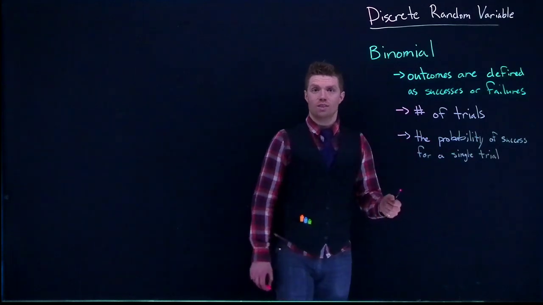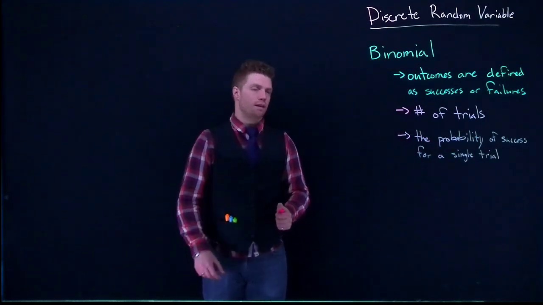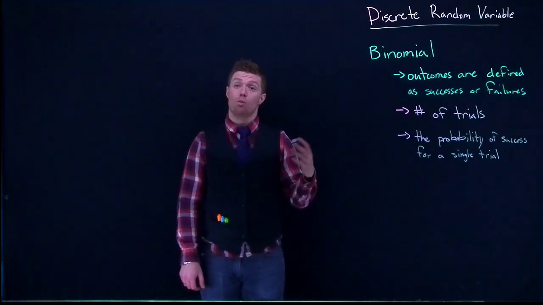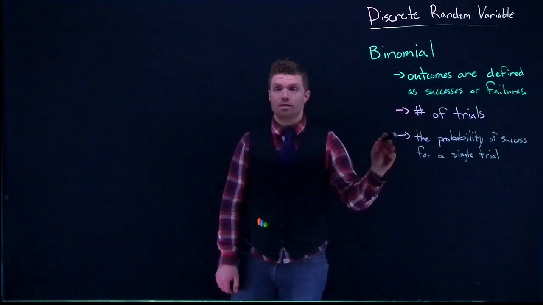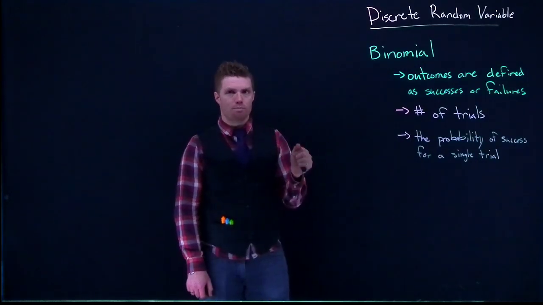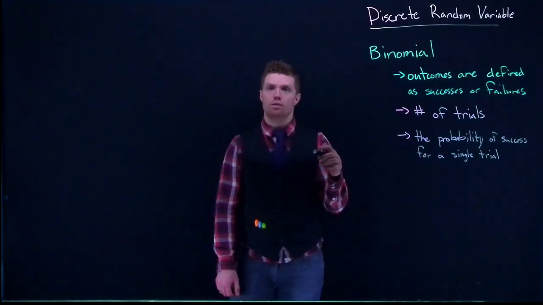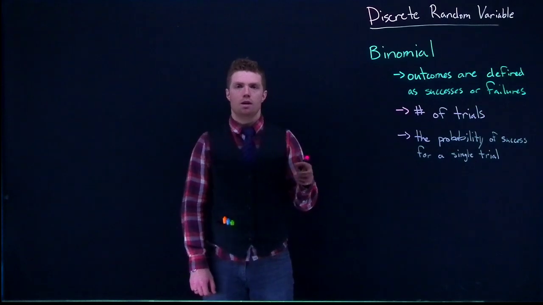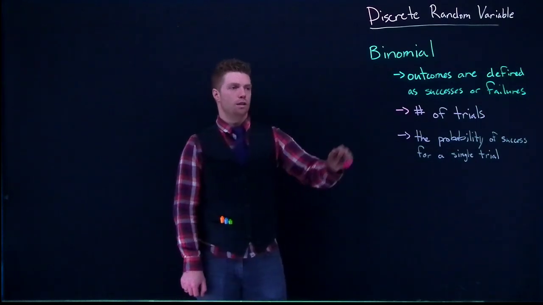So we need to either collect some data or know, like with a specific dice roll, if we're talking about rolling the number 1 over and over again, what's the probability of success for just one trial. Once we have that probability of success, then we can actually build one of those probability tables with our PMF and our CDF. But we need these two things.